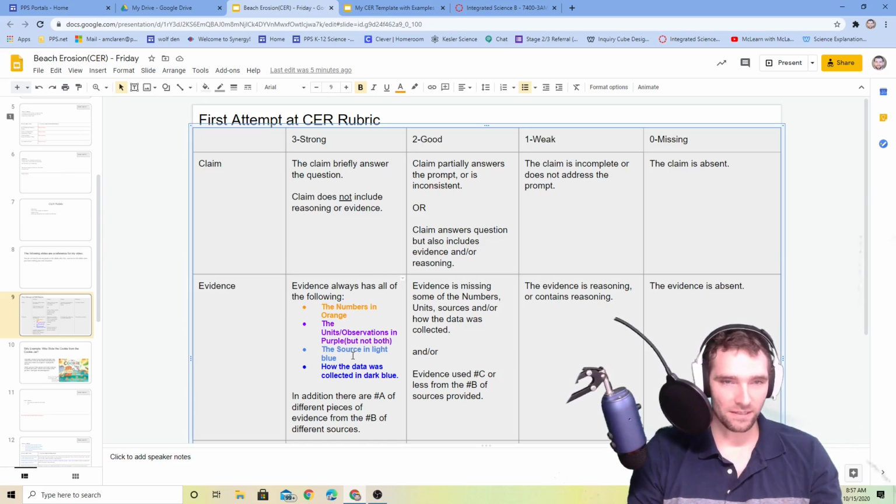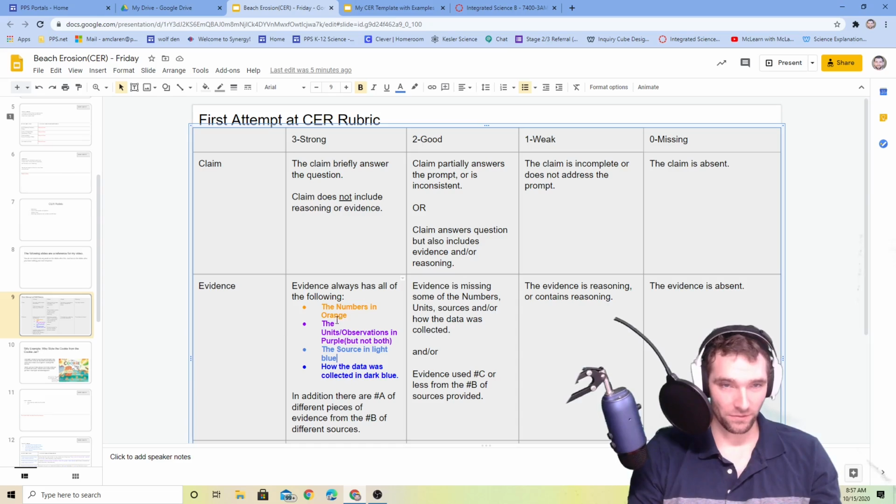You also need to talk about where this information is coming from, so what is the source, and how the data was collected. So if they're collecting data with some rulers, you need to talk about what rulers they were using. Was it inches? Was it centimeters? How are they measuring what they were measuring, basically?